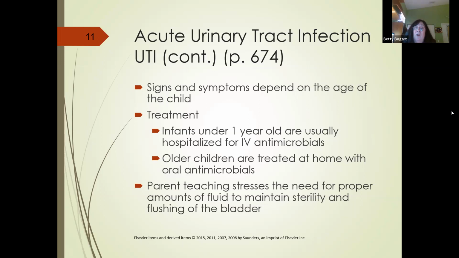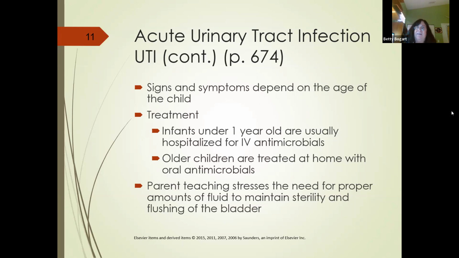And remember, we're going to do a catheterized urine on this because we want to treat that urine infection one time, not just give them a bagged urine, which has skin contaminants that we are literally checking for infection. We want to make sure it's the urine. So that's what we'll do for them. Older kids have more of an immune system.